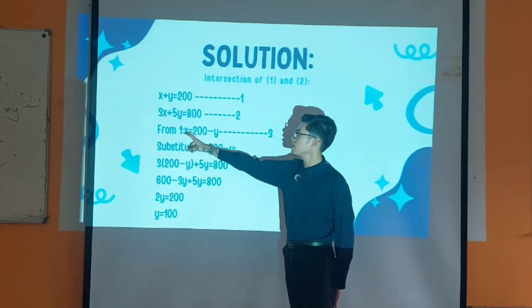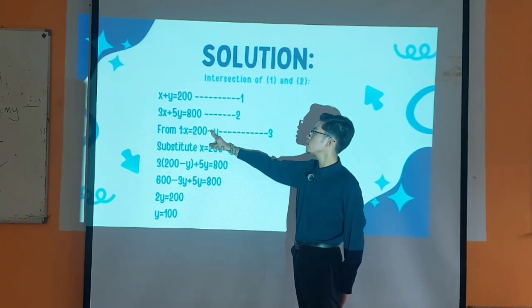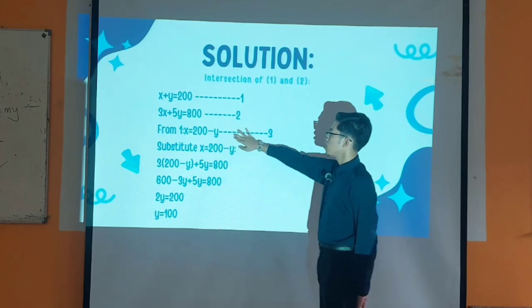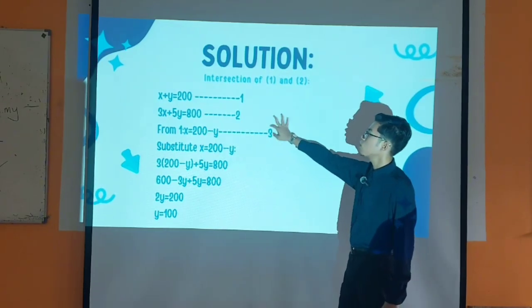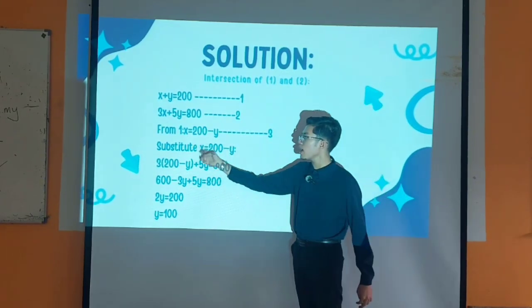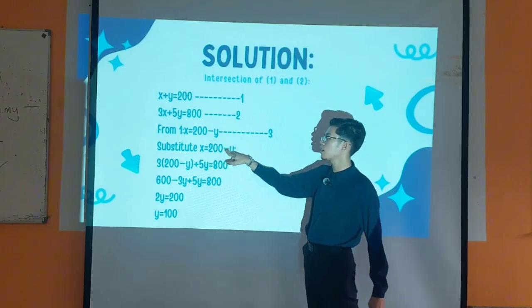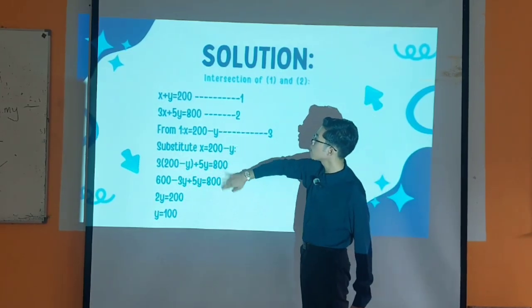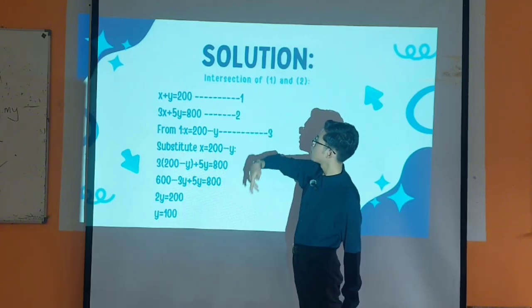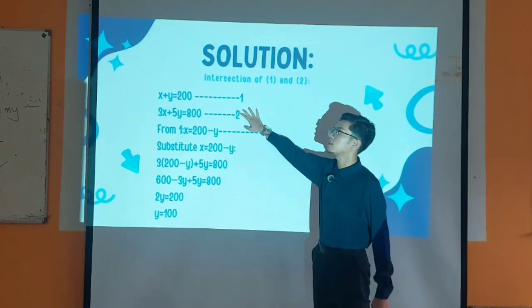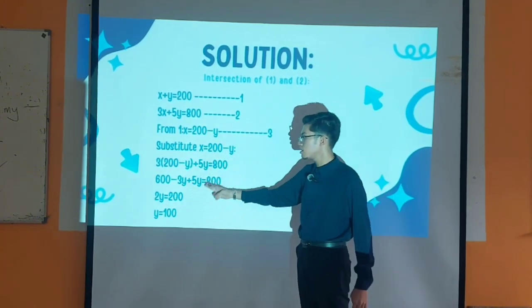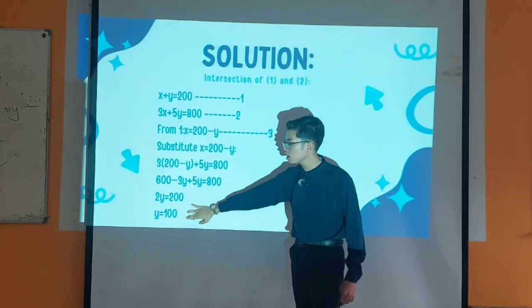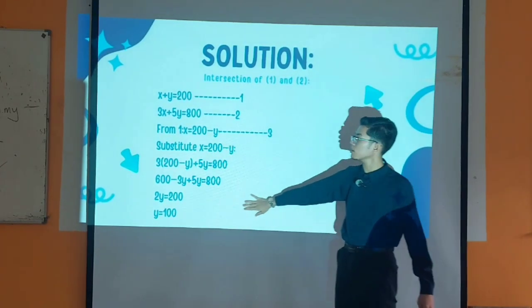So x is equal to 200 minus y. It will be the third equation. So substitute x equals 200 minus y in the second equation. So the result that we get is y equals 100.